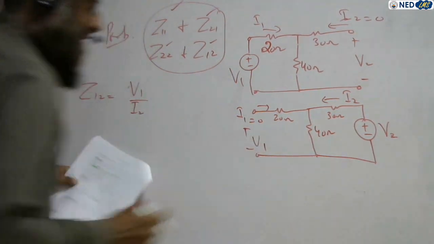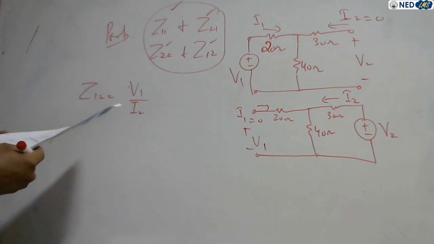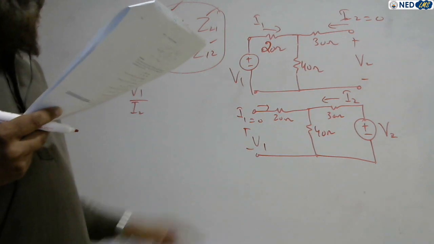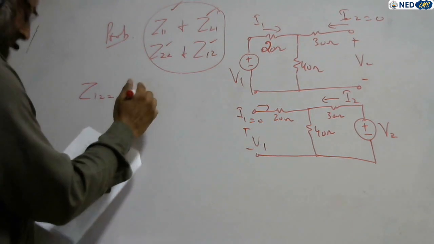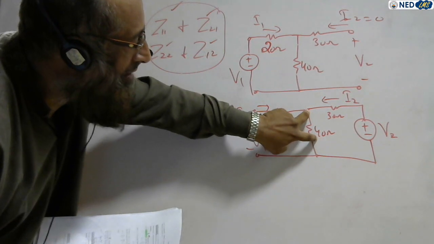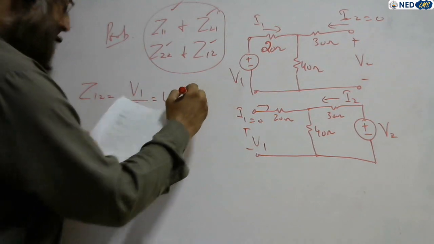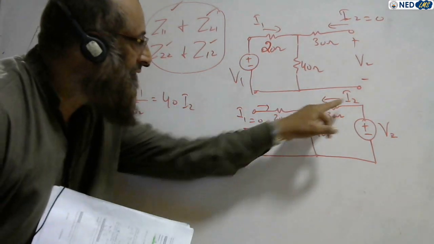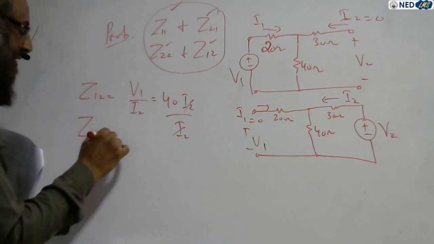V1 is the resistance times this current, 40 times I2, because I1 is 0 due to open circuit. So 40 times I2 over I2, I2 cancels, and Z12 equals 40 ohms.